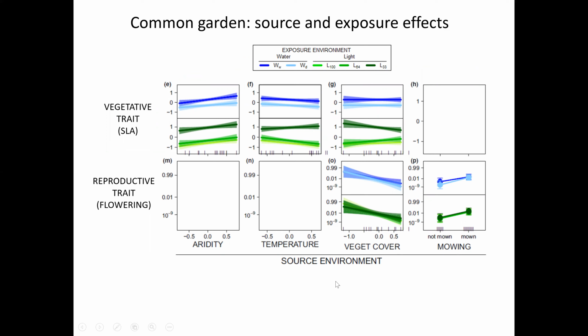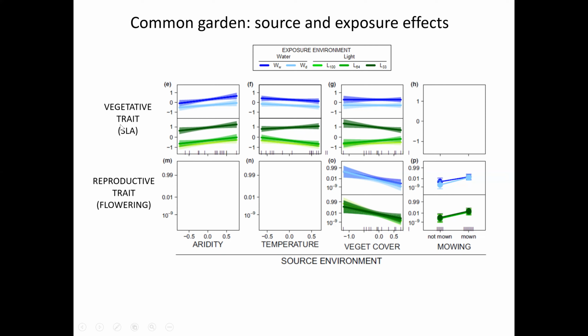And exposure environment, which are the water and light treatments, also depicted with different lines with different colors. So one of the main results is that vegetative and reproductive traits show contrasting patterns regarding genetic and plastic responses to environment in the common garden experiment.